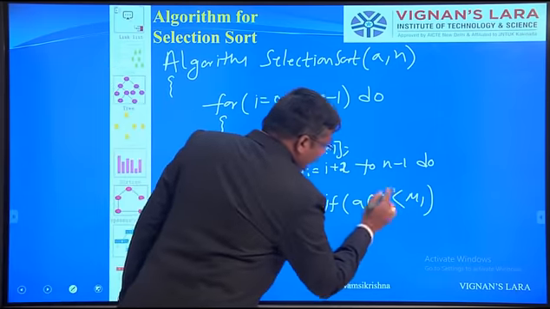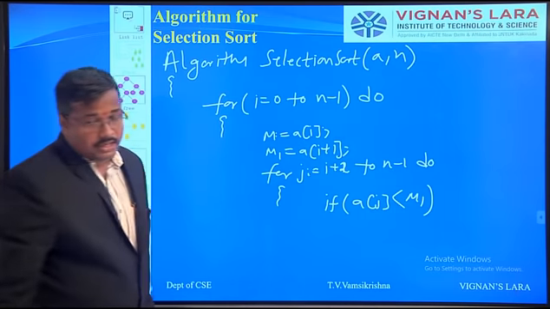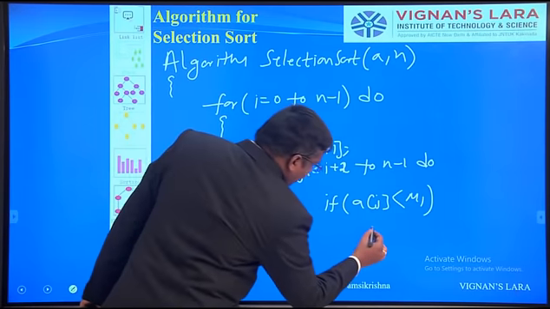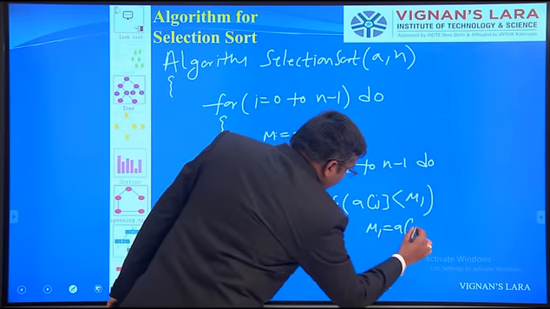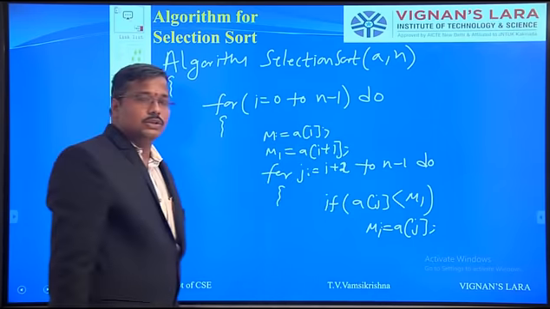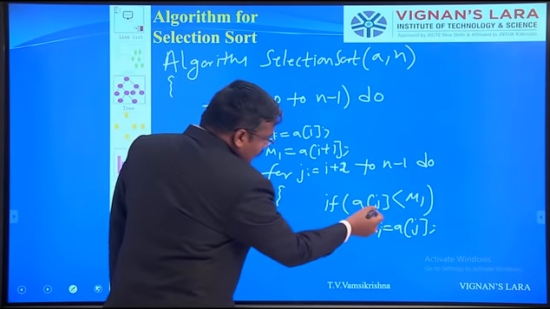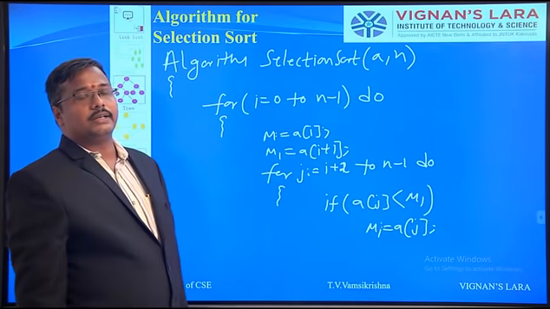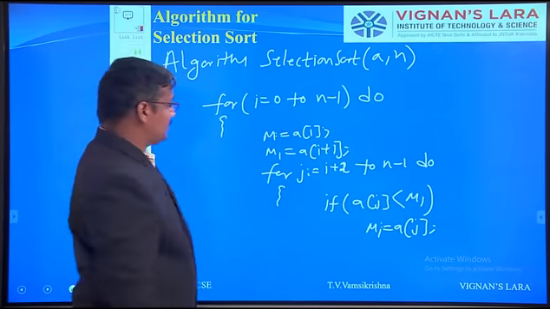So in this case, comparatively, if A of j is minimum, at that time we need to say M1 is equal to A of j. And we need to store this index also, which is very important.